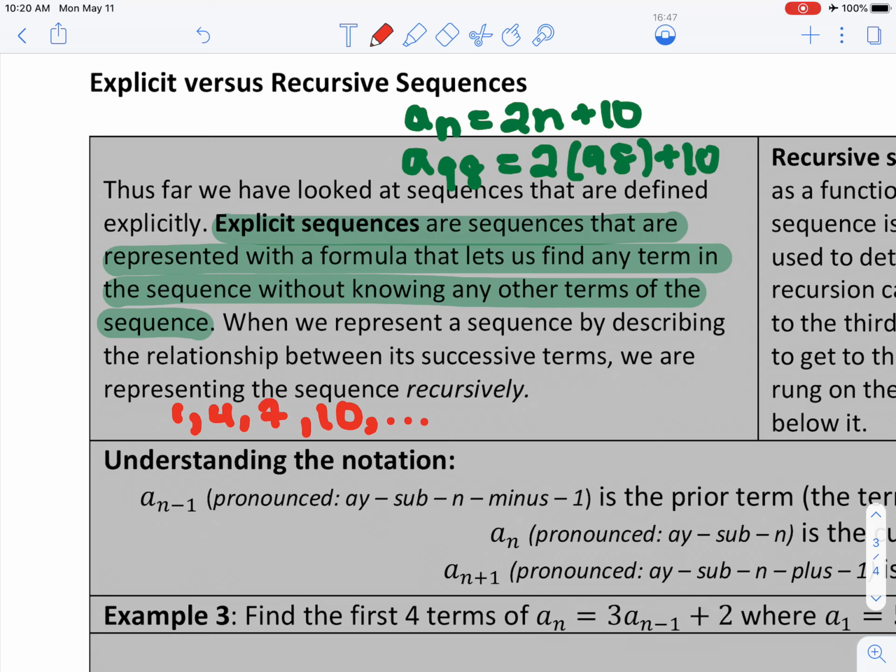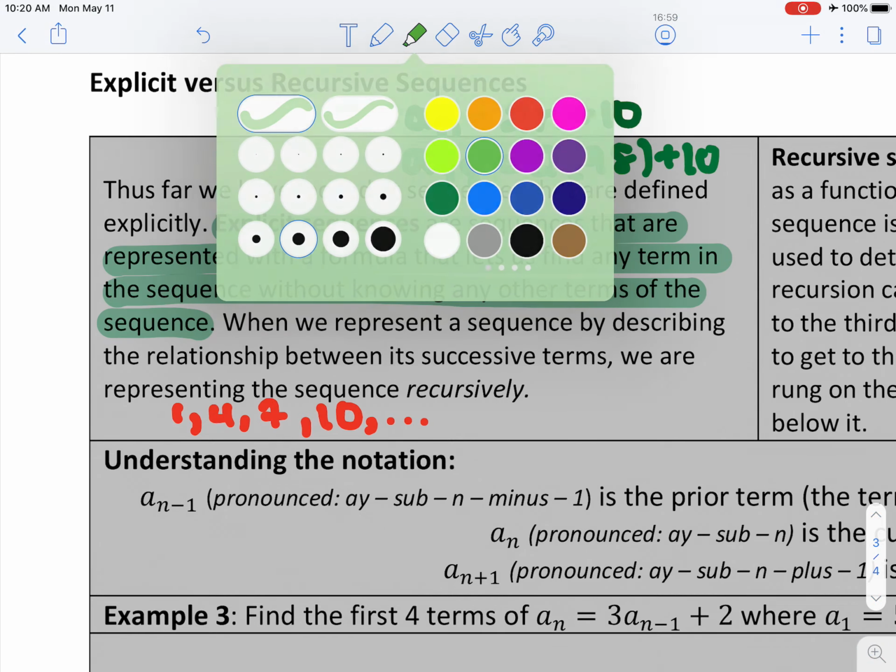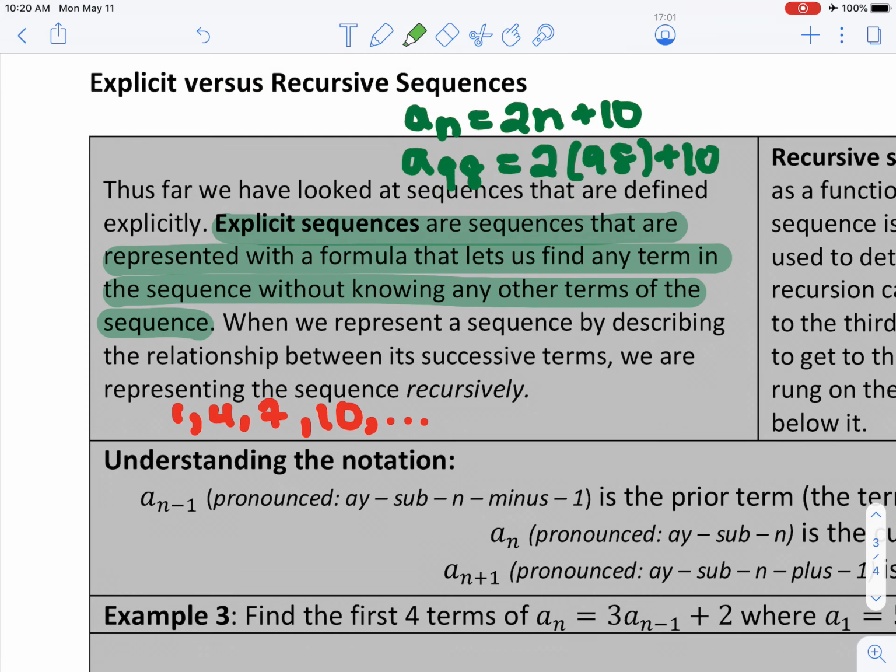And we kept saying things like, oh, I'm adding 3 to the number before. So when I look at things recursively, I'm defining terms of the sequence by describing the relationship between its successive terms.